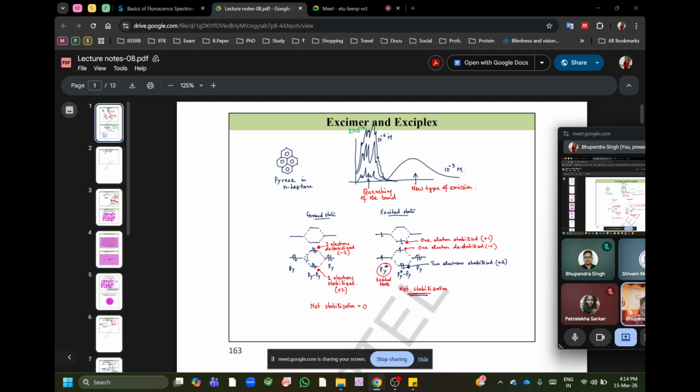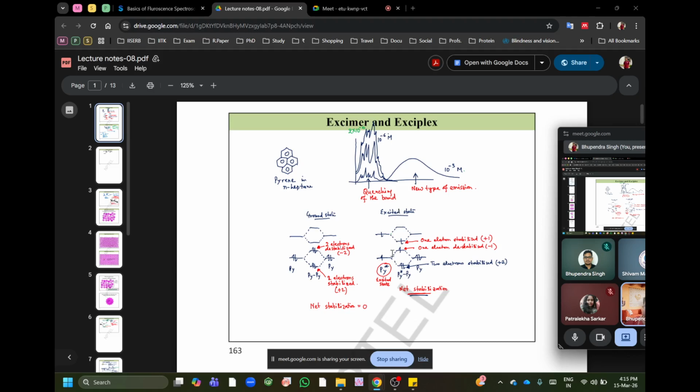After this bond formation, what will happen? 2 electrons will go here, according to molecular orbital theory. 2 electrons, 2 electrons, so net stabilization is 0. So in the ground state, pyrene cannot form a dimer.